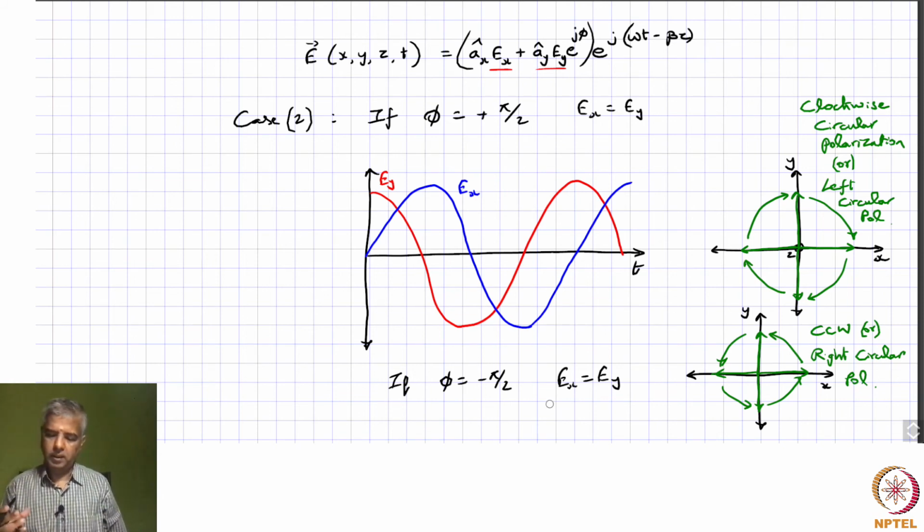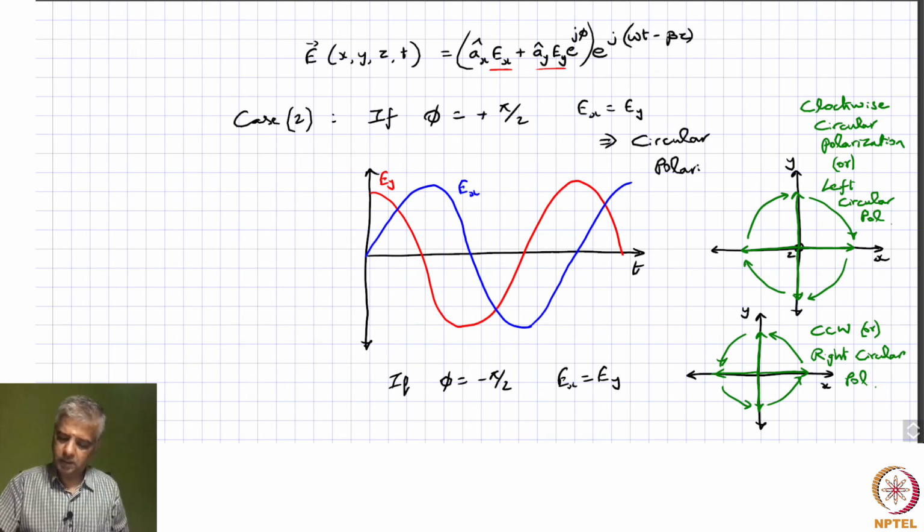So we know what these polarization states are. This corresponds to vertical polarization, this corresponds to horizontal polarization, and your LCP, otherwise called clockwise polarization, is like this, and your RCP is your counterclockwise polarization state.